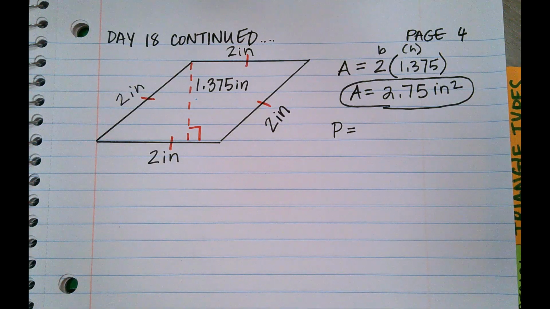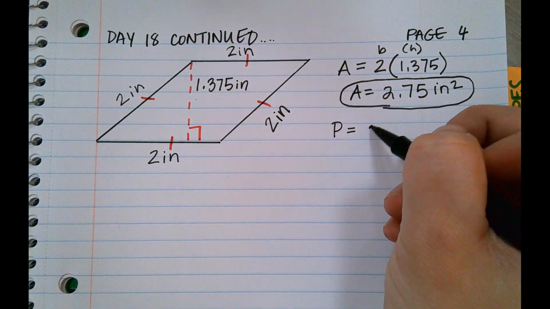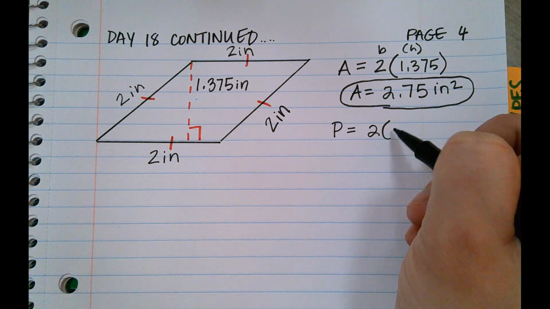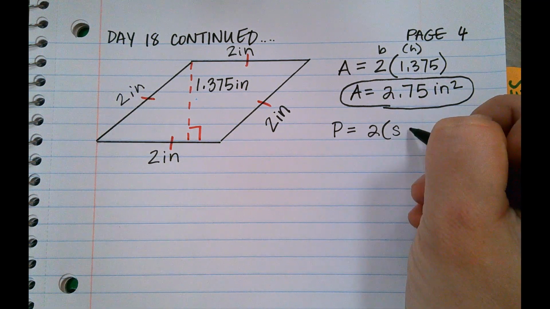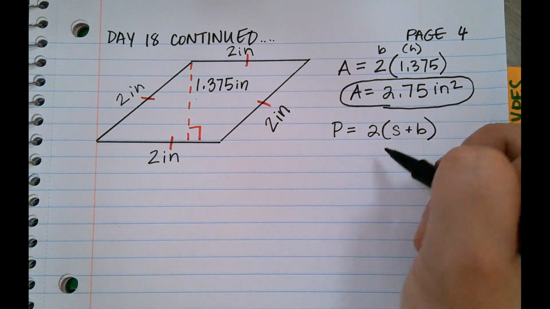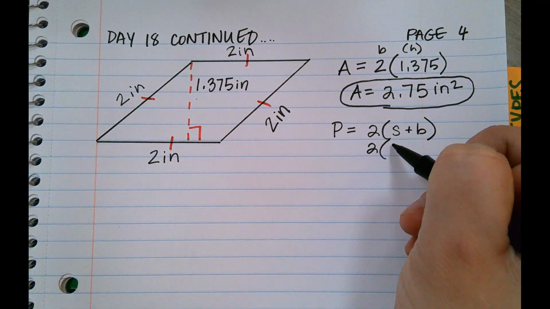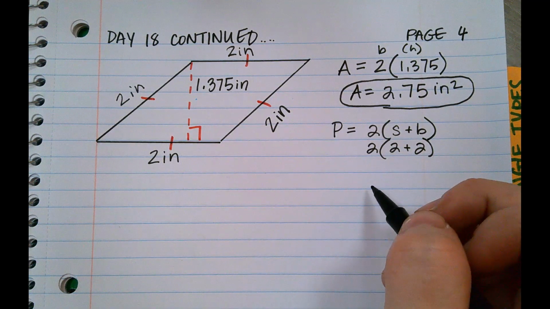Can I find perimeter? 2 plus 2 times 2? We can do that. Absolutely. If I'm using the 2 times side and base added together, my base is 2, my side is 2. What do we get?